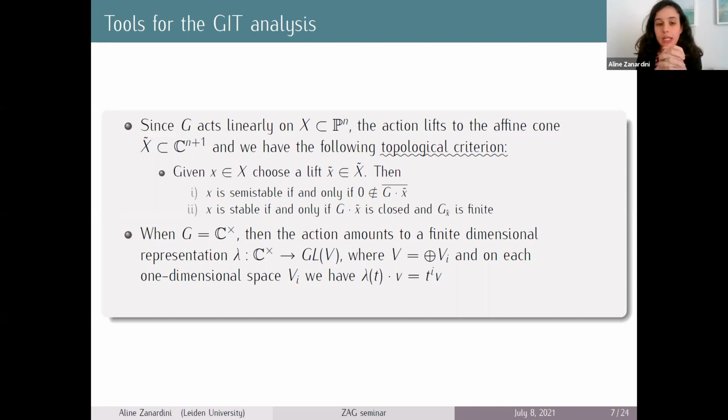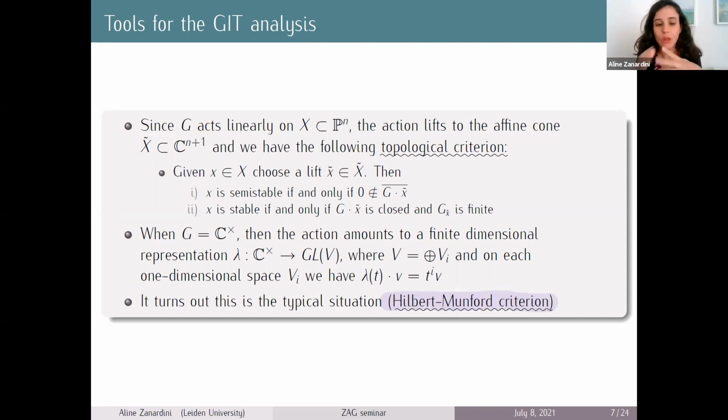In fact, this is the typical situation, in the sense that for any group G, it suffices to look at one-parameter subgroups of G and look at the sign of their weights. And that's precisely the famous Hilbert-Mumford criterion.